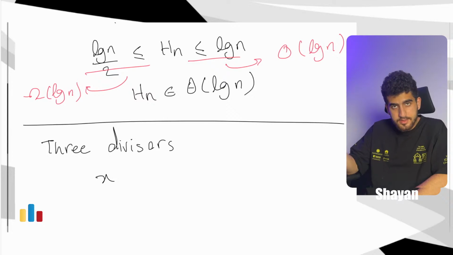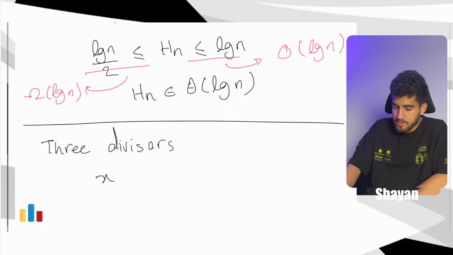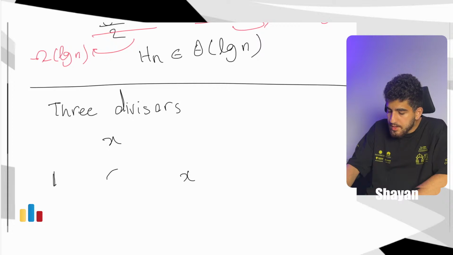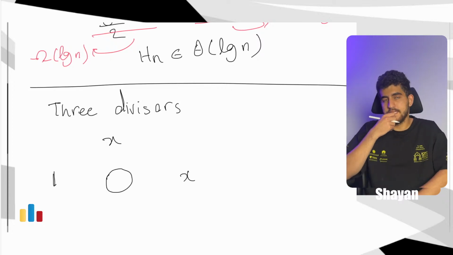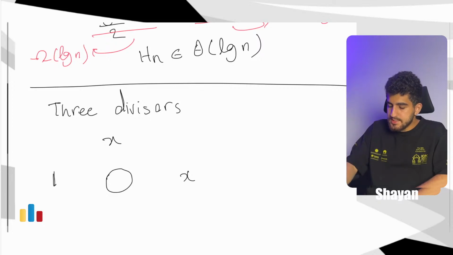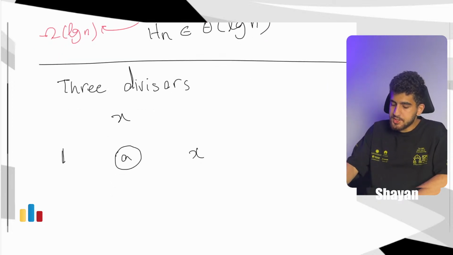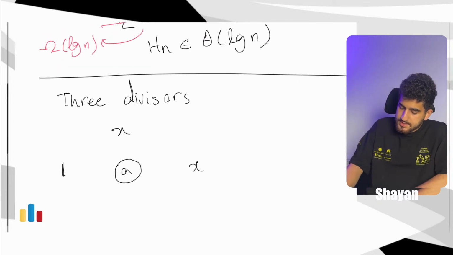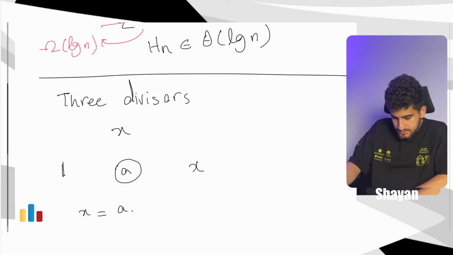I mean, it definitely is a multiple of 1, and it is a multiple of x, and there must be only one other number that is a divisor of x. Assume that it is a. Well, if x is divisible by a, then a must be multiplied by something that will be equal to x, namely x over a.